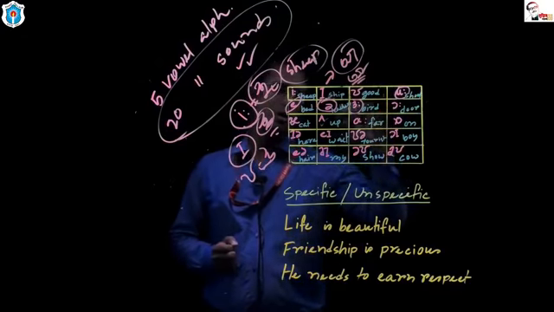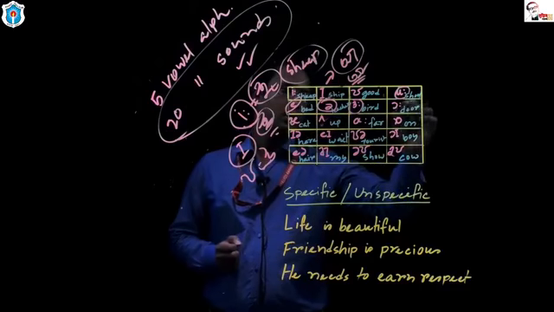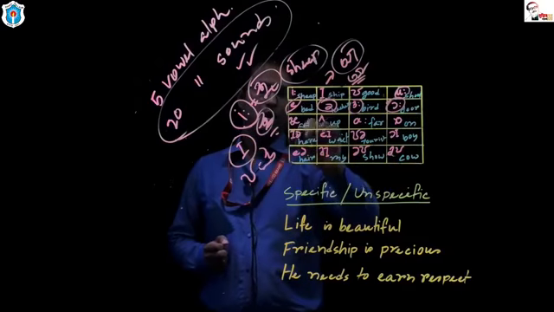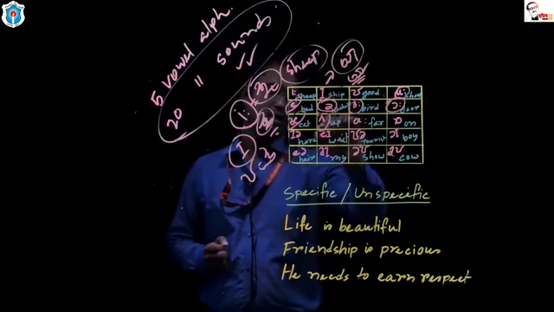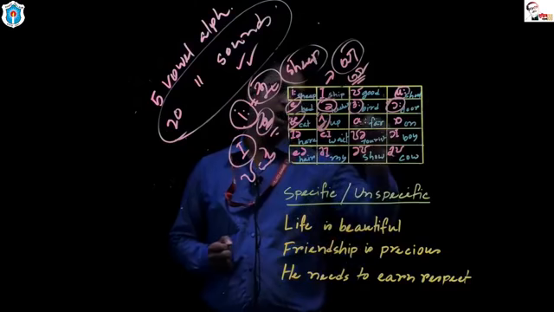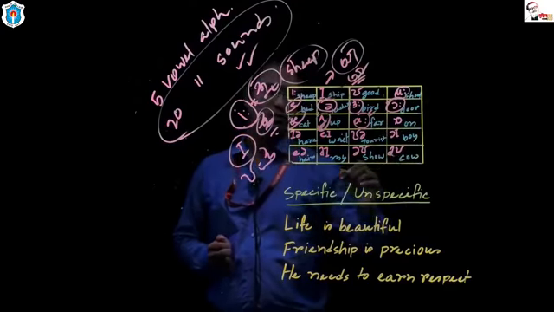A, C-A-T, cat. That means this A is a vowel sound. A, up. This A is a vowel sound. A, far. This A is a vowel sound. Okay.